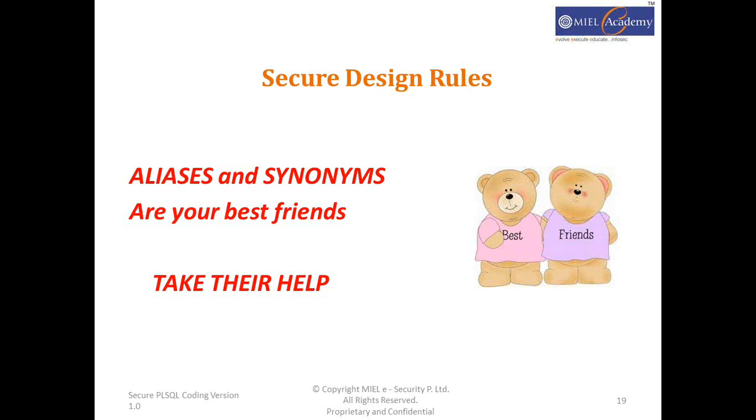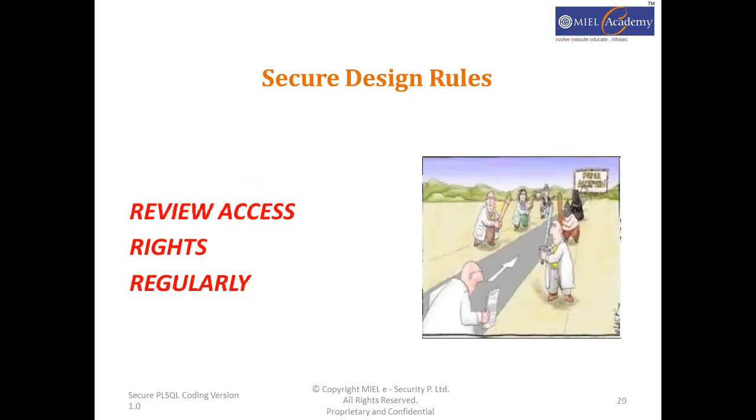And finally, we have to review all our object accesses very regularly: what rights are given to which user on which data objects and which functionalities, which are in turn processing which data, right?